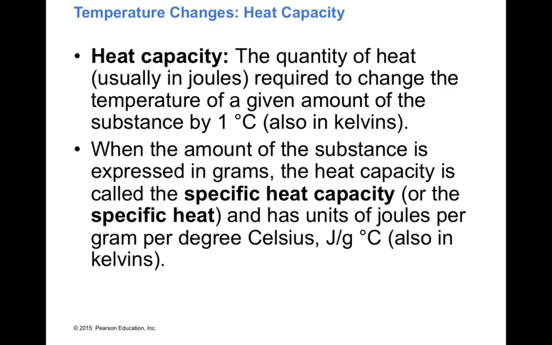When the amount of the substance is expressed in grams, the heat capacity is called the specific heat capacity, or the specific heat, and has units of joules per gram per degree Celsius. It can also be expressed in kelvins.